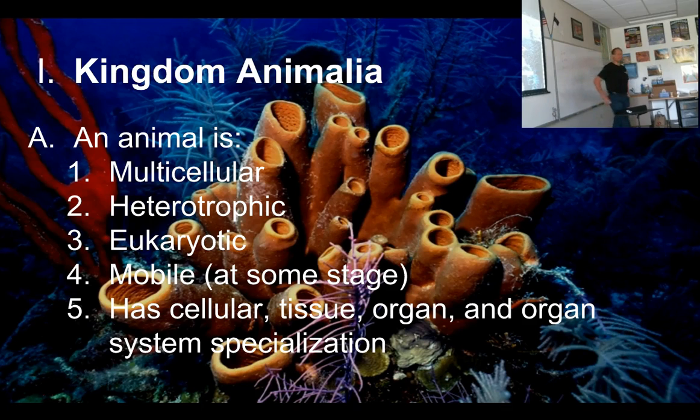So, like plants, they are truly multicellular with cell specialization. You have different cells at different parts of the body that are doing different jobs. You can't say that about lots of other kinds of life, right? That's part of why a protist can't be a plant, is because they don't have that cell specialization. But animals do.